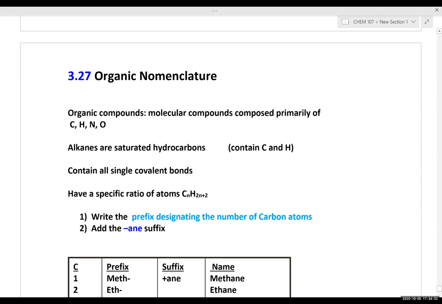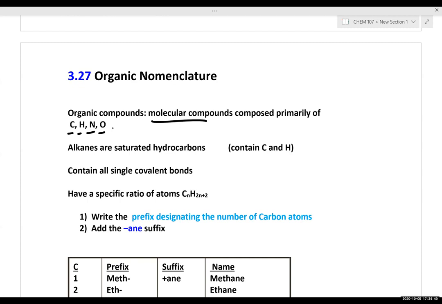Organic compounds are molecular compounds composed primarily of carbon, hydrogen, nitrogen, and oxygen. These are the majority of biologically relevant compounds that we'll encounter and discuss in this class.